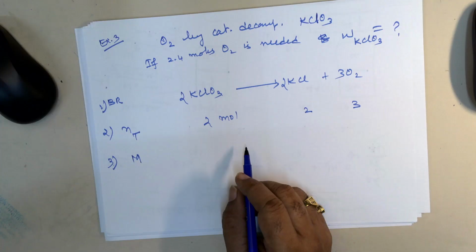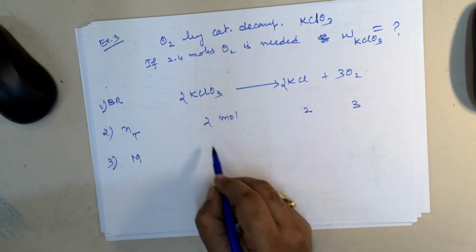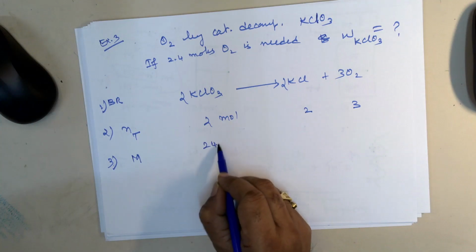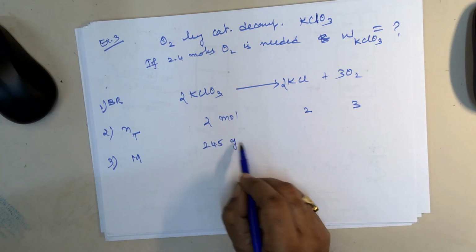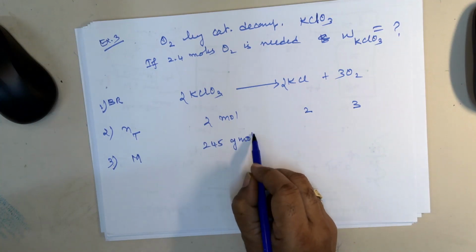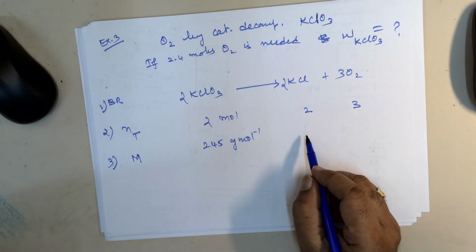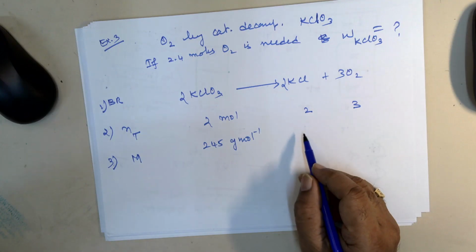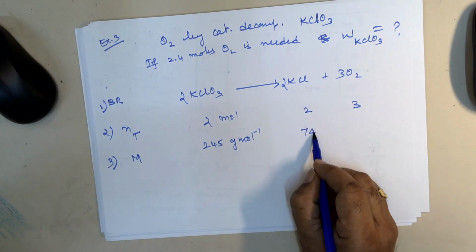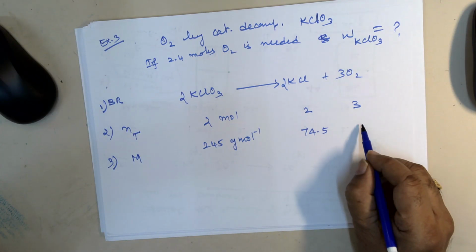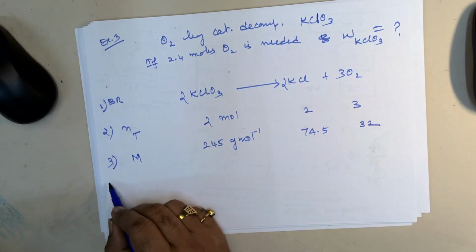How much? 245. So 245 gram per mole. Then what about potassium chloride? 39 plus 35.5. How much? So 74.5. What about oxygen? 32, right? Now what you're supposed to do?